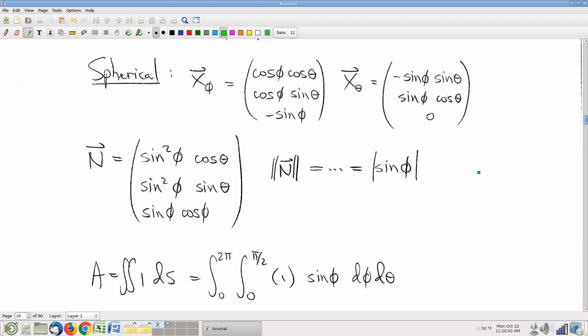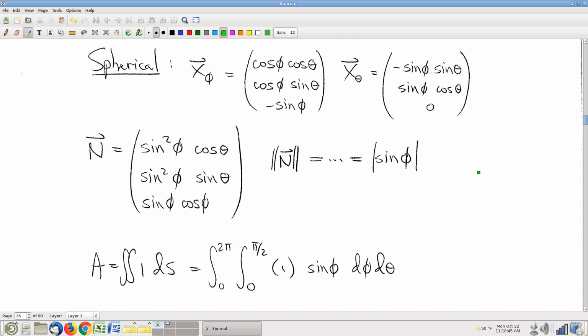So this is a lesson I learned the hard way, when I was doing lots and lots of these calculations as part of my undergraduate physics major, and I came to really appreciate the spherical graph parameterization of the sphere instead of the rectangular one. So, for your consideration.